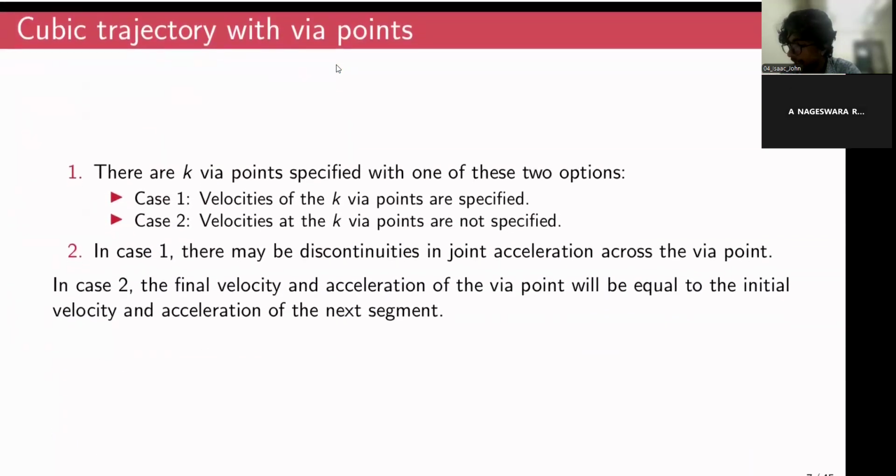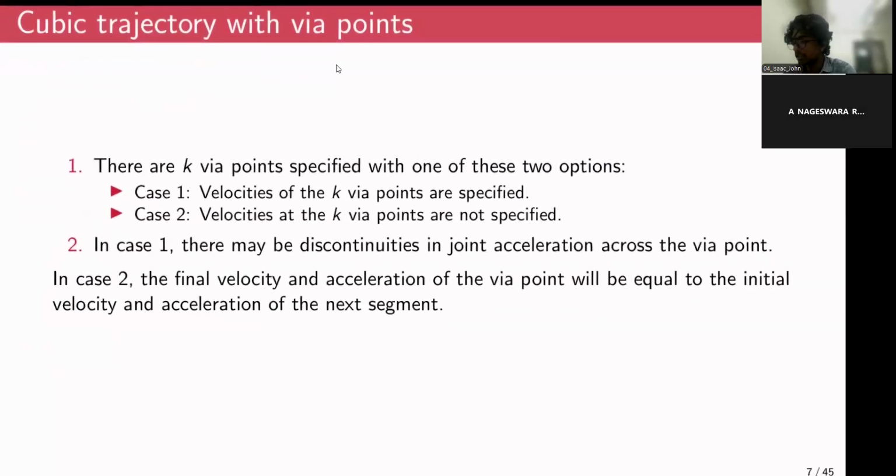So then let's see another case where we have something called a cubic trajectory with via points. Earlier, we considered the case where you have an initial position xi, an initial velocity x dot i, a final position xf, and a final velocity xf dot.